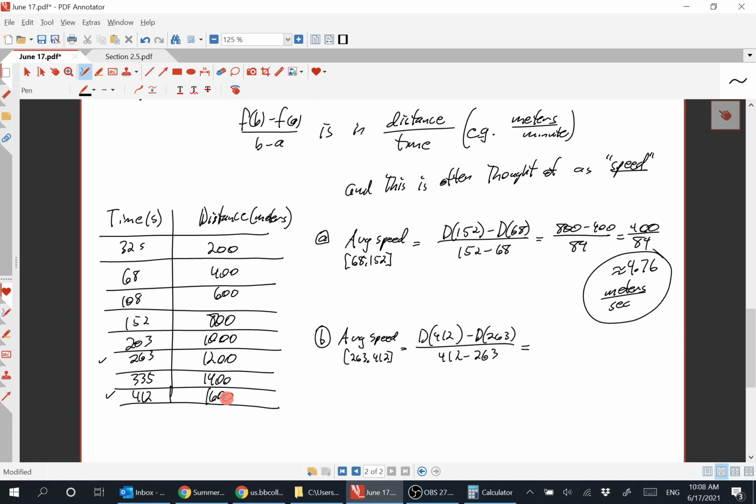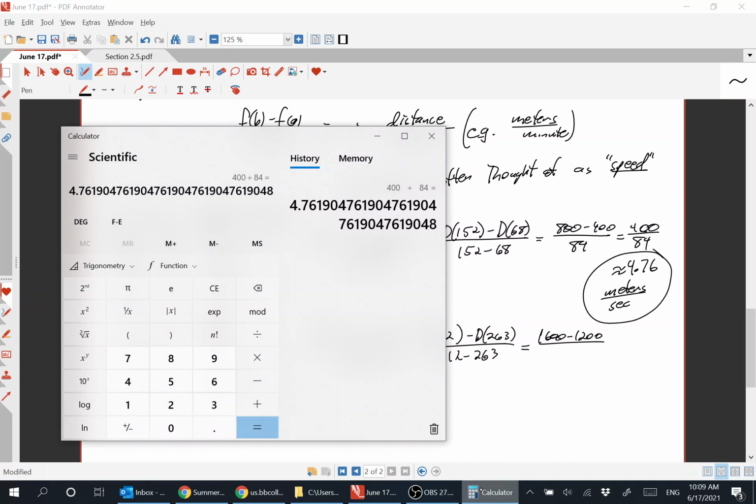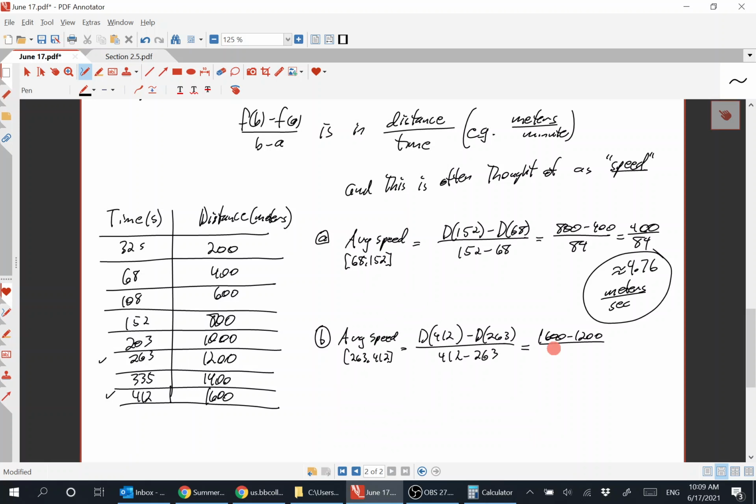In this case, it's 1600 minus 1200 over 412 minus 263, so 149.